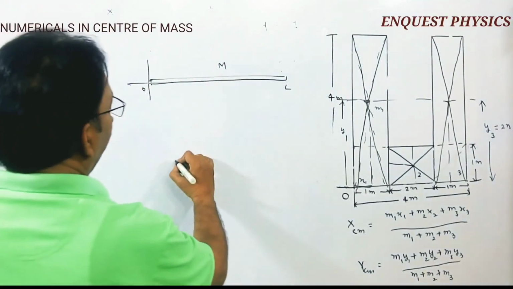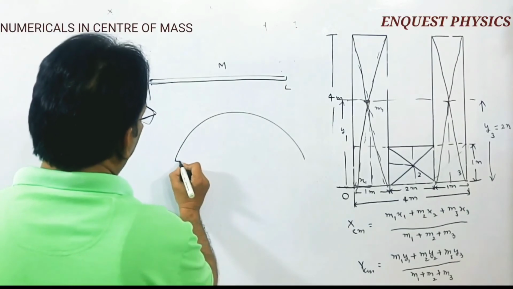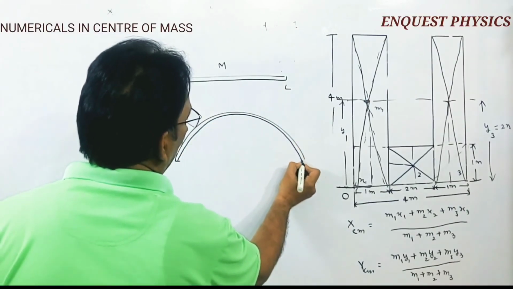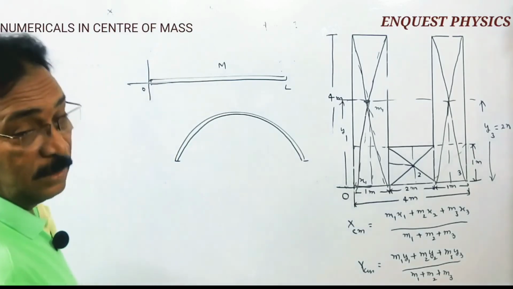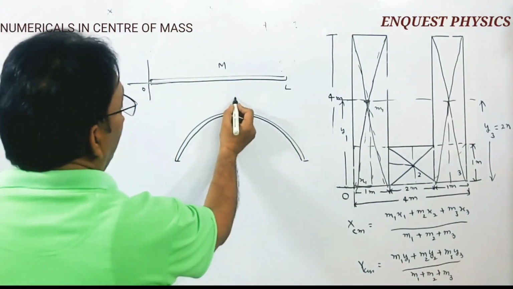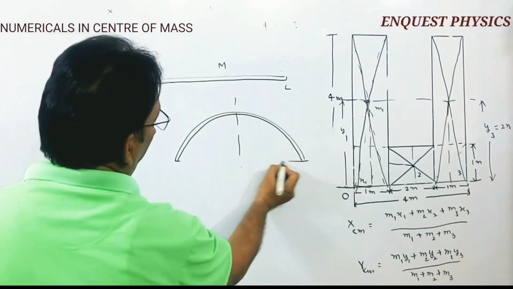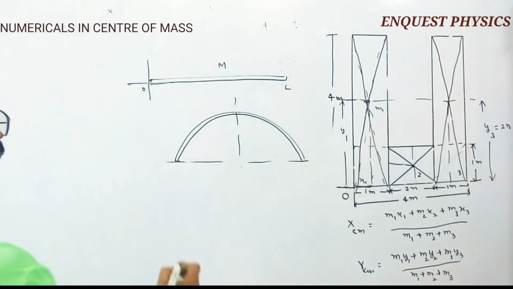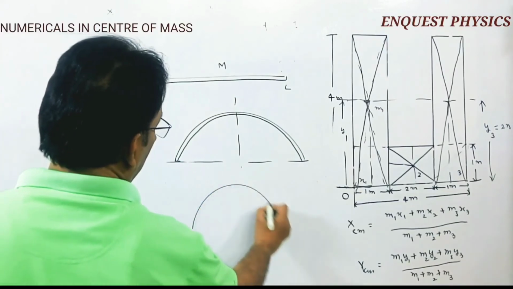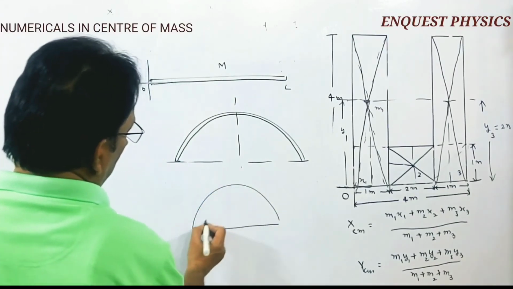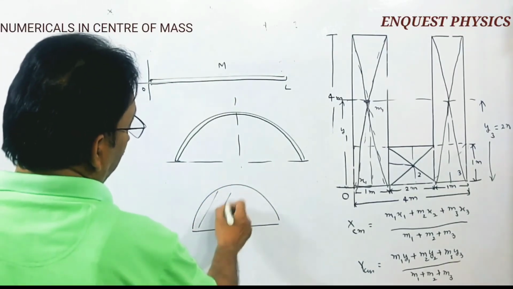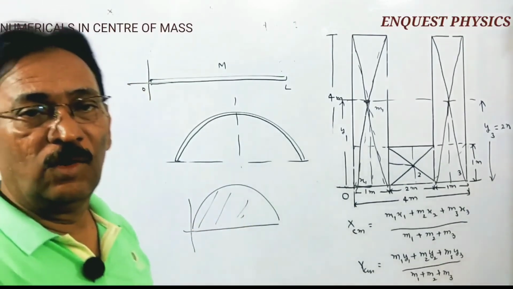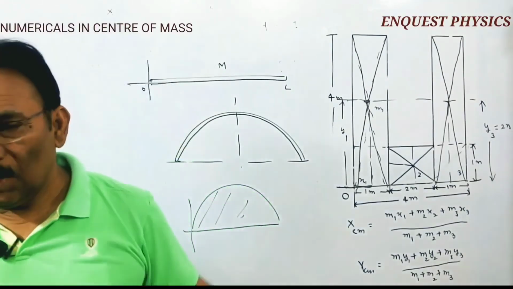In the same way, we will find the center of mass of a thin rod which is bent in the shape of a semicircle, and also we find the center of mass of thin plates. It is the plate.